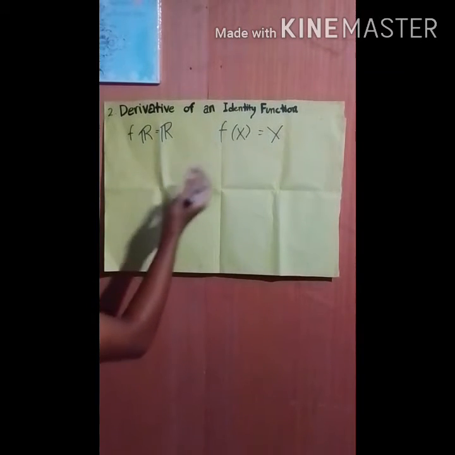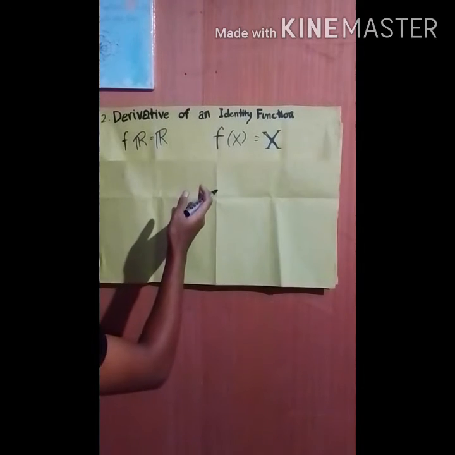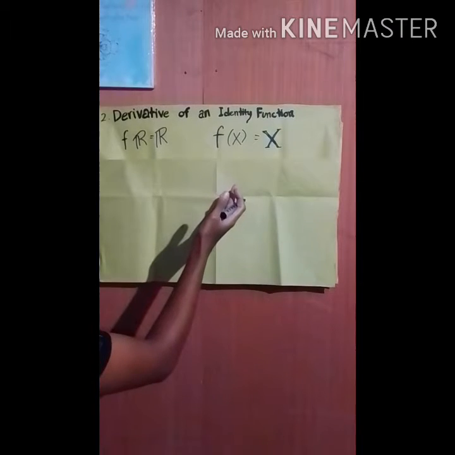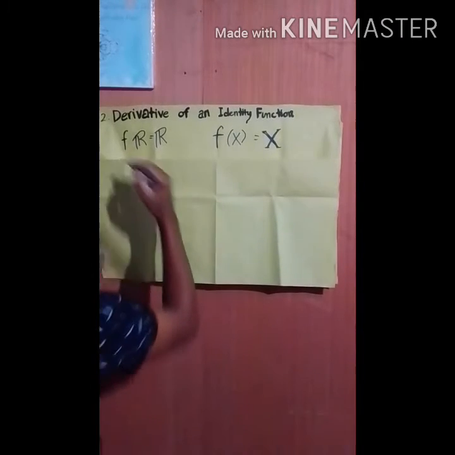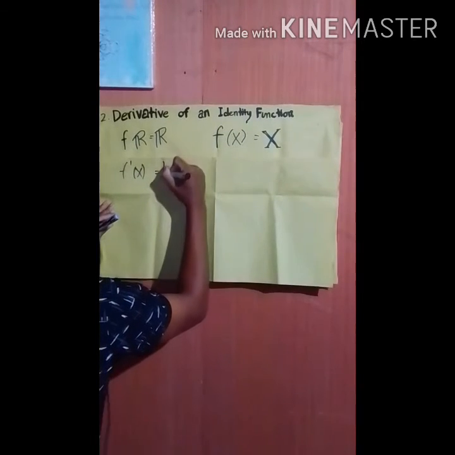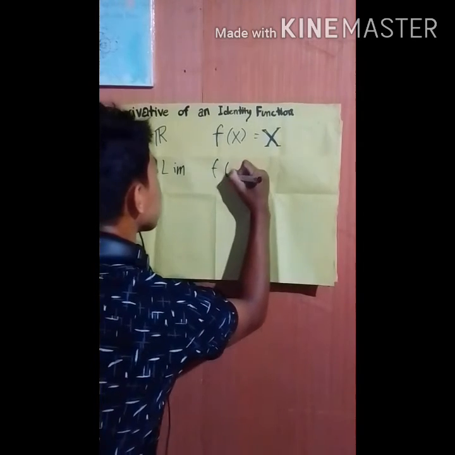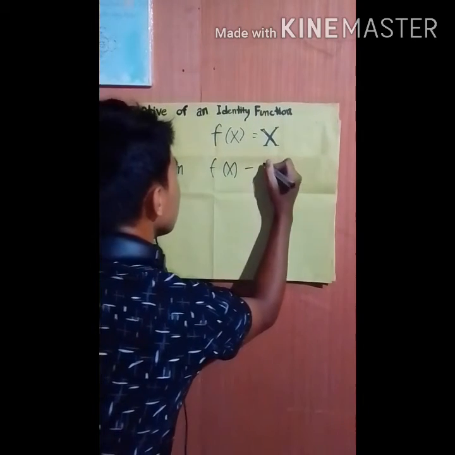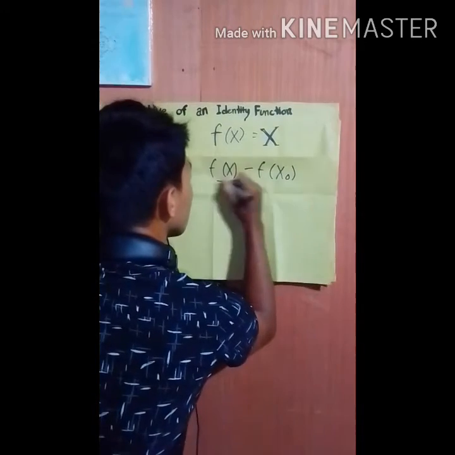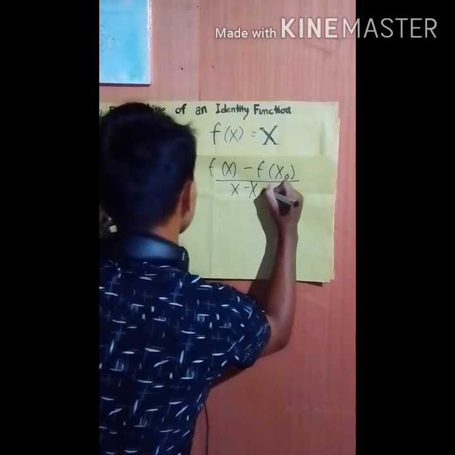We have f prime of x, and I use the definition of the limit: the limit as x approaches x0 of f of x minus f of x0 all over x minus x0.